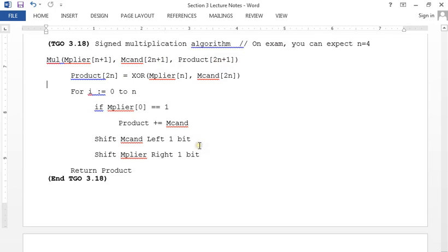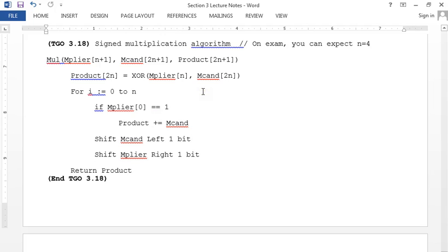So first one, we have product 2n. What does that mean? When I say product of 2n, that's array representation. I know some of you haven't had coding experience, so I want to make sure you understand what I'm talking about. If I have an array of 2n plus 1, that's the size of it, right?